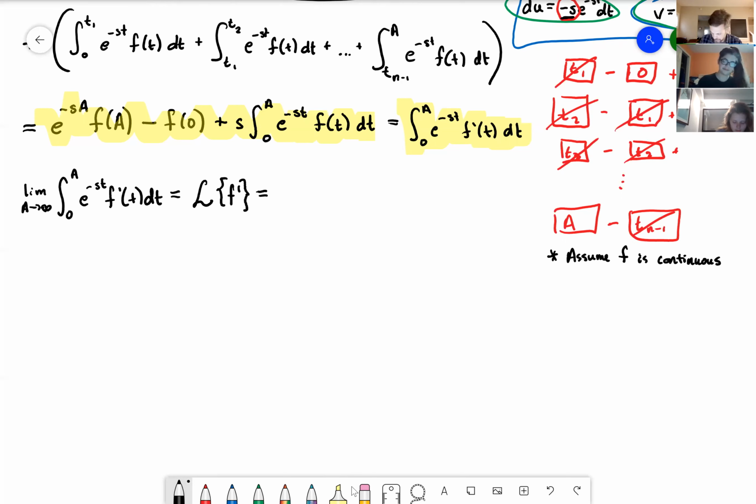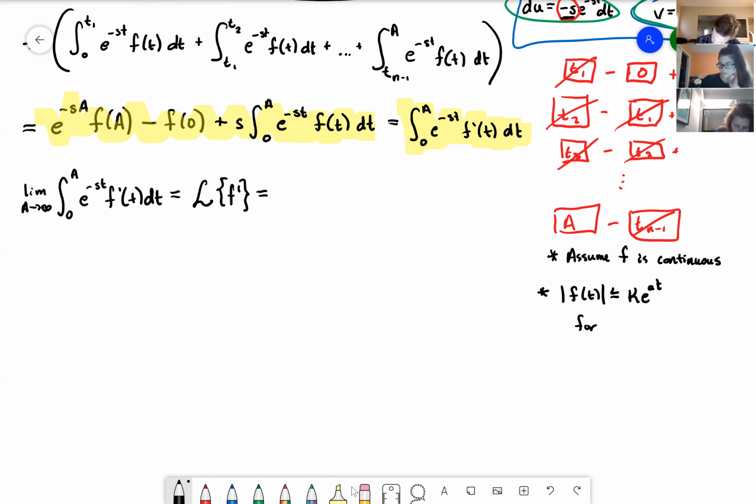We need to know one more thing about this f. We want to know that it's of exponential order. Specifically, we're going to say that f of t is bounded above by k e to the at. So it's bounded by this exponential multiplied by some arbitrary constant.